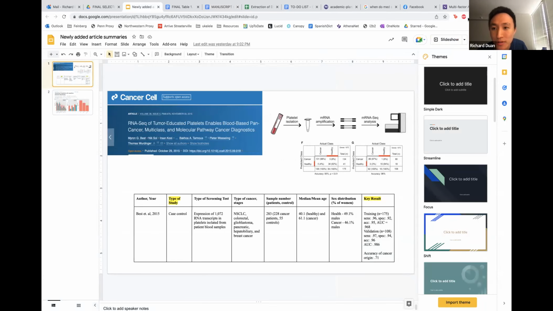This is an article I found in another paper, but basically they isolate platelets from patient blood samples and then look at mRNA expression of different transcripts.